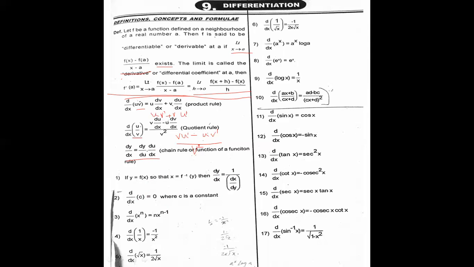Differentiation of a constant c is 0. If I ask you to find the differentiation of 2, d by dx of 2 will be 0. Differentiation of x power n will be n x power n minus 1. Differentiation of 1 by x will be minus 1 by x square.